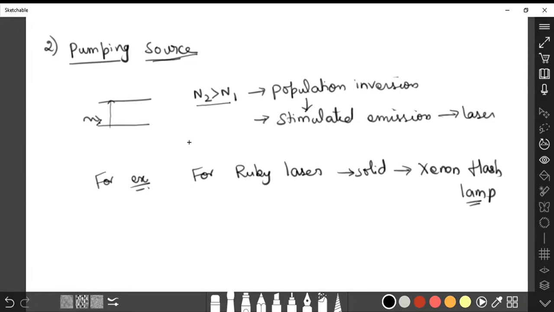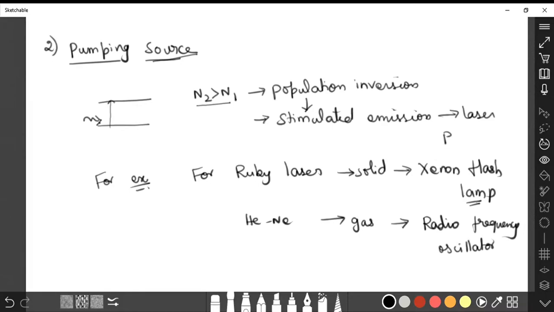For the helium neon laser, which is a gas laser, we use a radio frequency oscillator. These are the pumping sources. Depending upon the medium, the pumping source also changes.